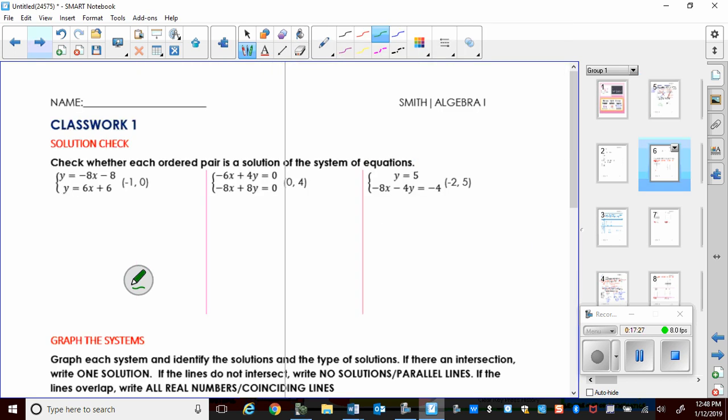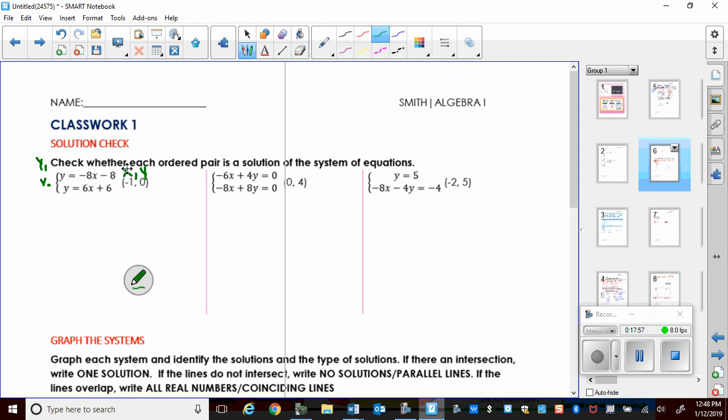Moving on, in the classwork you're going to be checking whether each ordered pair is a solution of the system of equations. So we're substituting these in, and we're checking y1 and y2. Does this ordered pair check out? We're going to plug in -1 and check each equation.